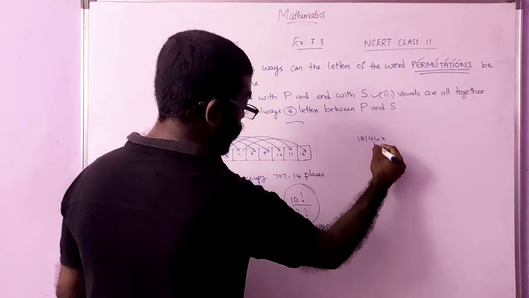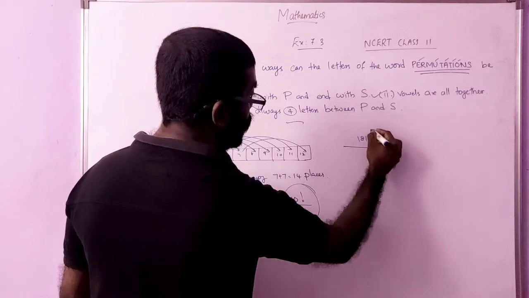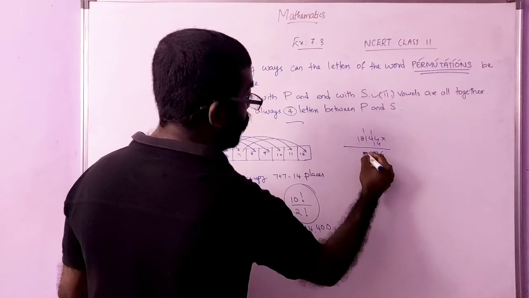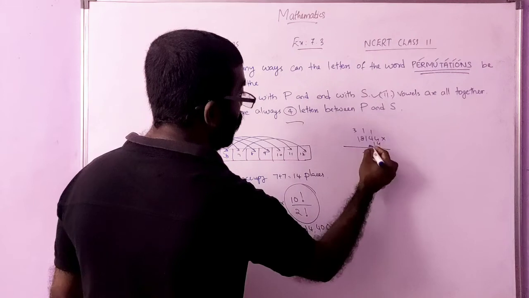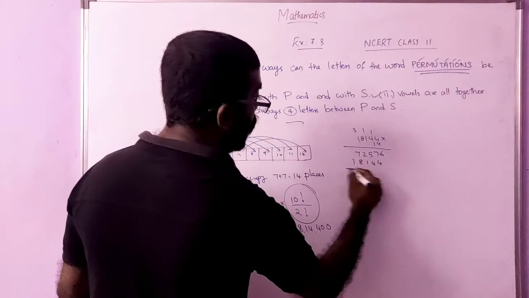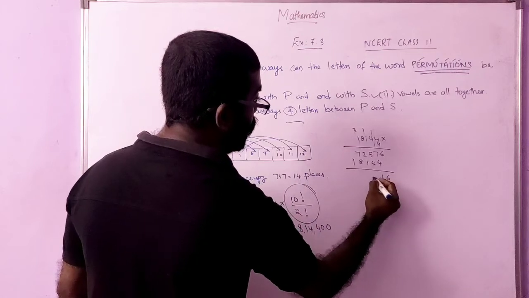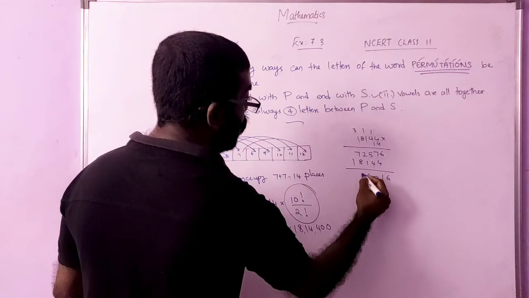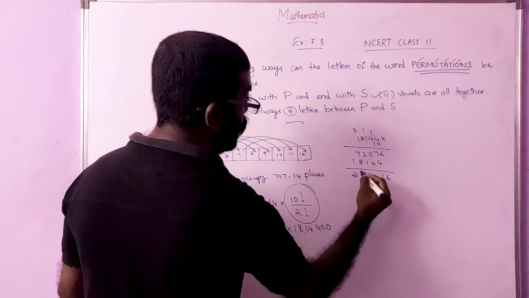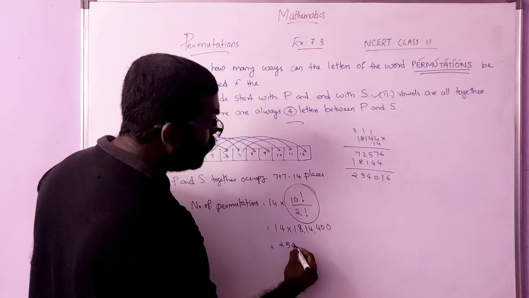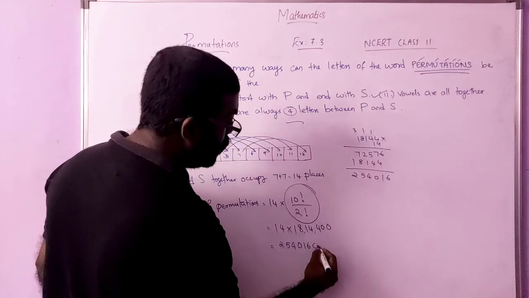14 into 14. 4 fours are 16, 17, 5, 32, 3, 7, 4, 4, 1, 8, 1. 6, 1, 0, 4, 5, 2. So here we can write 2, 5, 4, 0, 1, 6, 0, 0.